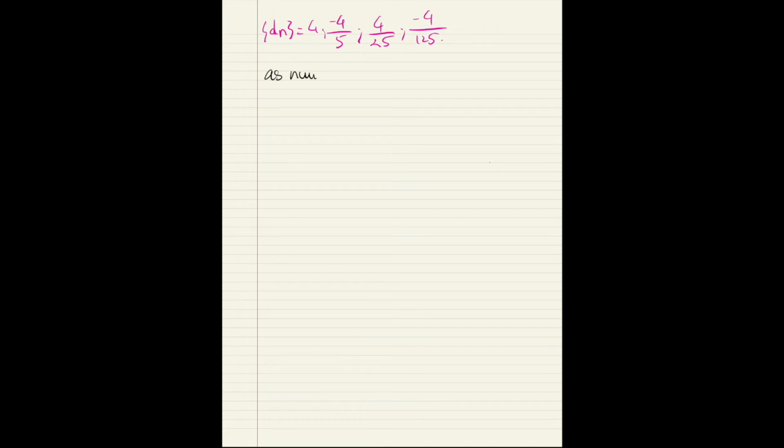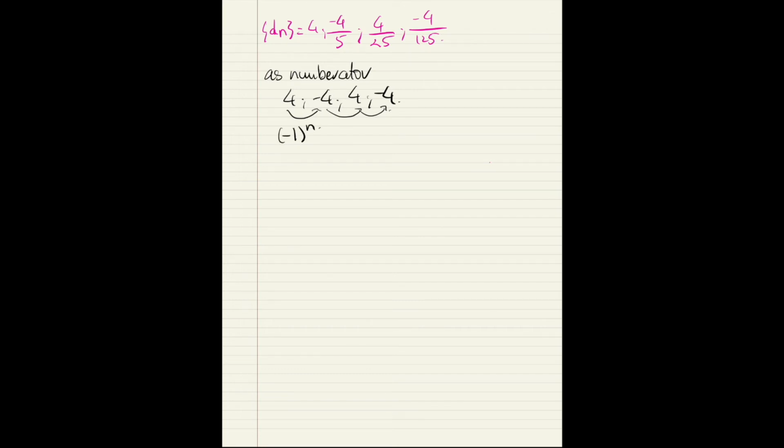As for the numerator, it just goes from 4 to -4, then 4 to -4, so you can see it just keeps changing sign. When the sign changes like that, it equals -1 to the n.